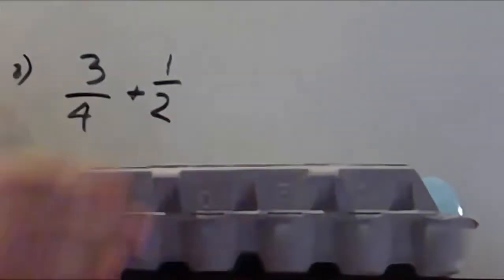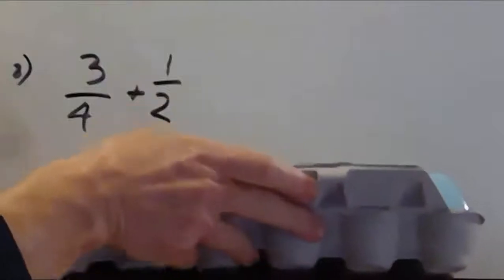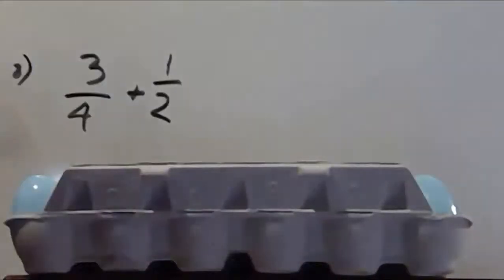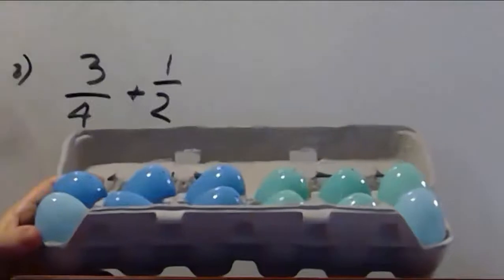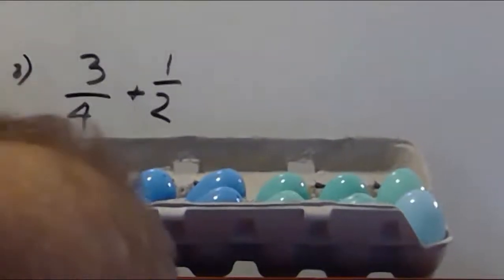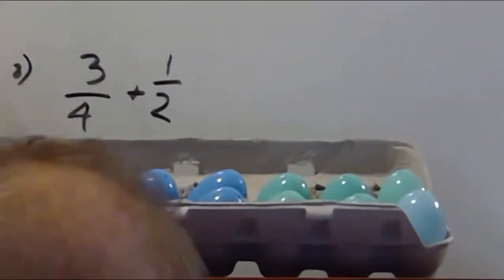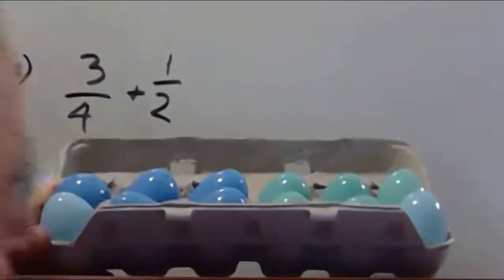Now, in order to get 3/4, we have to take our first egg carton and divide it into 4 pieces. And we're going to take out 1/4.